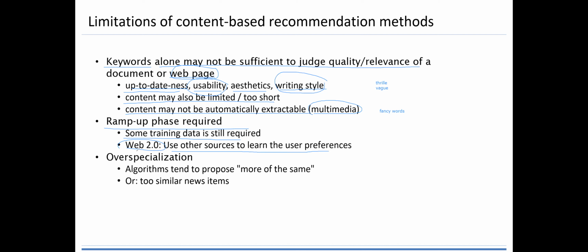Now it goes to Web 3.0. Of course, there will be a lot more resources again, and it can be over specialization. So the algorithm tends to propose more of the same. If it is the same or similar, we will do the recommendation. Or maybe two similar news items. So it will be more specialization.